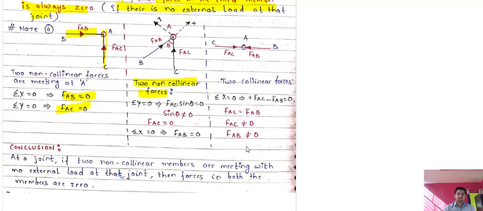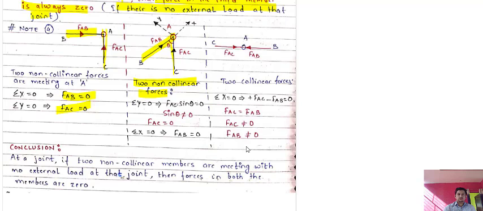Here you can see that FAB is coming from here and FAC is coming from here. So the forces FAB and FAC will be 0 because they are non-collinear forces and there is no external force.